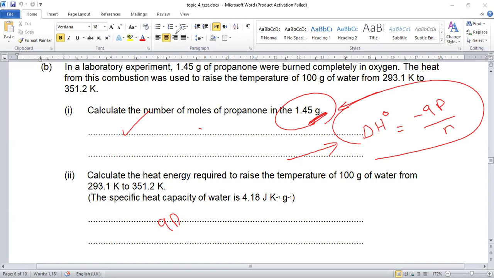So how would I calculate the combustion? The delta H, the change in enthalpy of combustion, because the combustion of propanol releases this amount of energy, which is absorbed by the water. By dividing by the number of moles, it gives you delta H for each one mole of propanol.